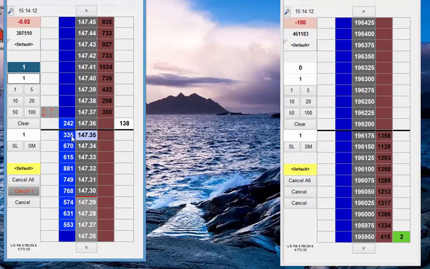So working a bid to get filled and working an offer to get out is called working an order. You're not going straight to market. I'll show you what happens when you go straight to market when I close out of this trade.